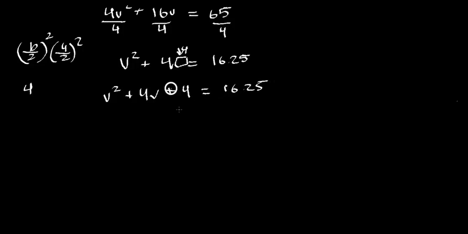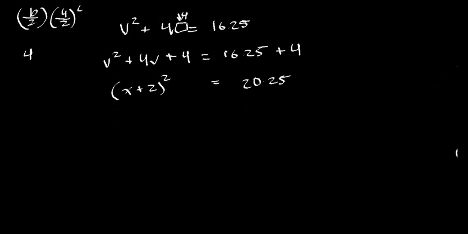And since we are adding 4 on this side, we have to add 4 on this side. Okay? So this is going to be 20.25. And this we could actually factor, right? 2 times 2 is 4, 2 plus 2 is 4. So great. So it's going to be v plus 2 squared.